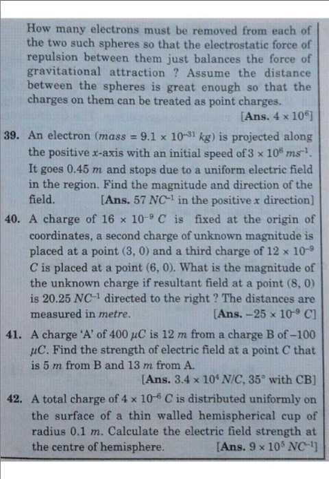Now the mass of each sphere is given, that is 7.5 grams, and they have a volume, but I don't know if the volume is of any use. Assume the distance between the spheres is great enough so that the charge on them can be treated as a point charge.